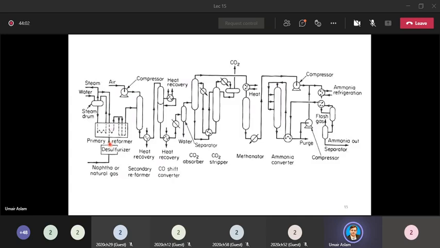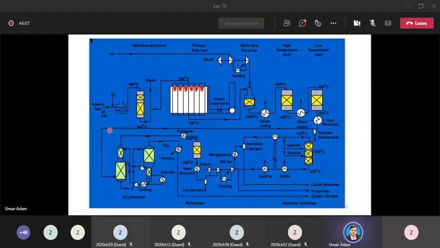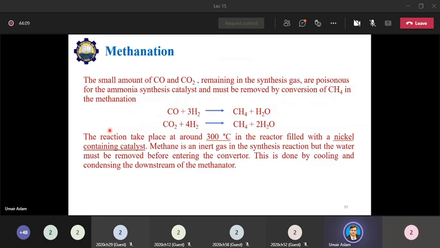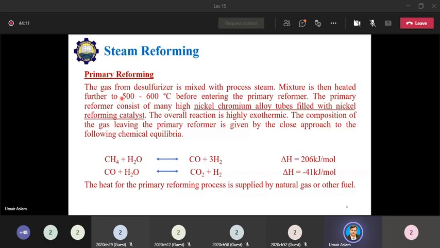Now in the primary reformer, both reactants combine. The temperature required here is 500 to 600 degrees C. The primary reformer is a vessel which has tubes in it, and these tubes are filled with nickel reforming catalyst. The tubes are made of nickel chromium alloy.